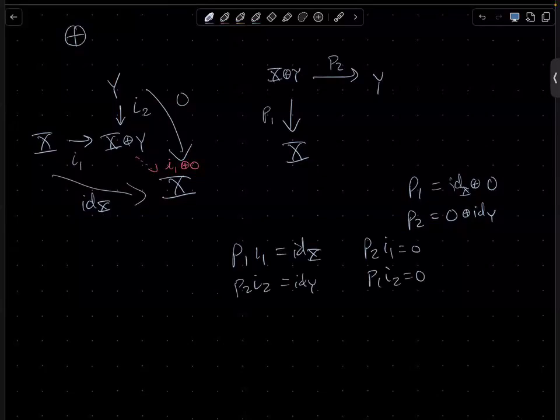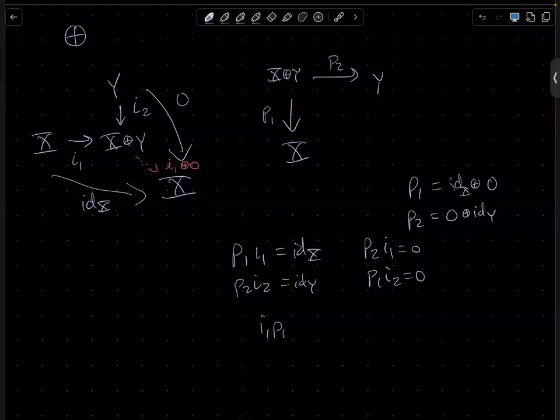And one more that is a little bit more interesting: if you flip them and then add them together, I1 P1 plus I2 P2, remember we're using the group structure in the hom sets, this is actually going to be equal to the identity on the coproduct X direct sum Y.